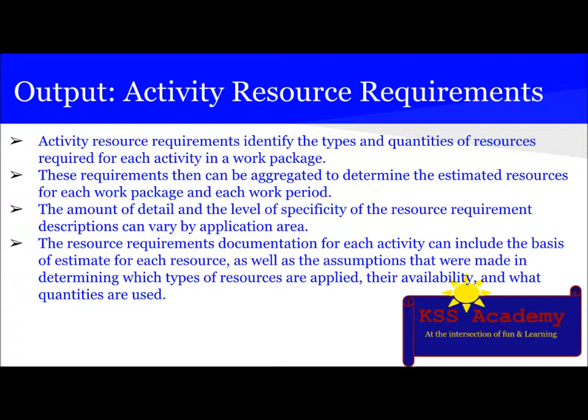The amount of detail and the level of specificity of the resource requirement description can vary by application area. The resource requirement document for each activity can include the basis of estimate for each resource as well as the assumptions that were made in determining which type of resources are applied, their availability, and the quantities are used.